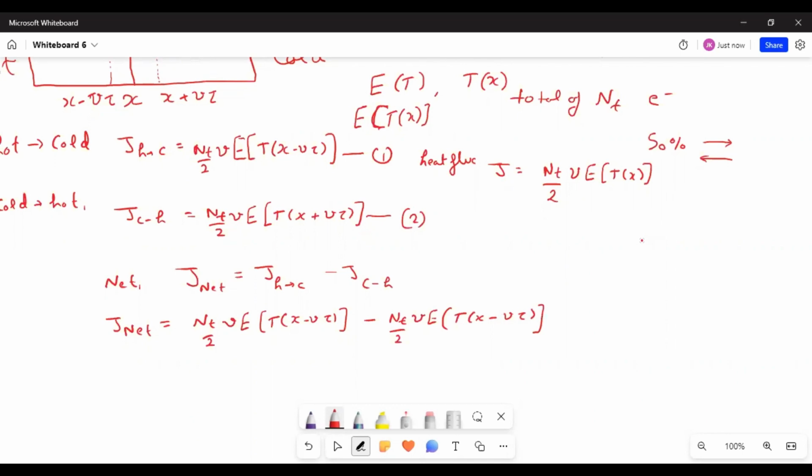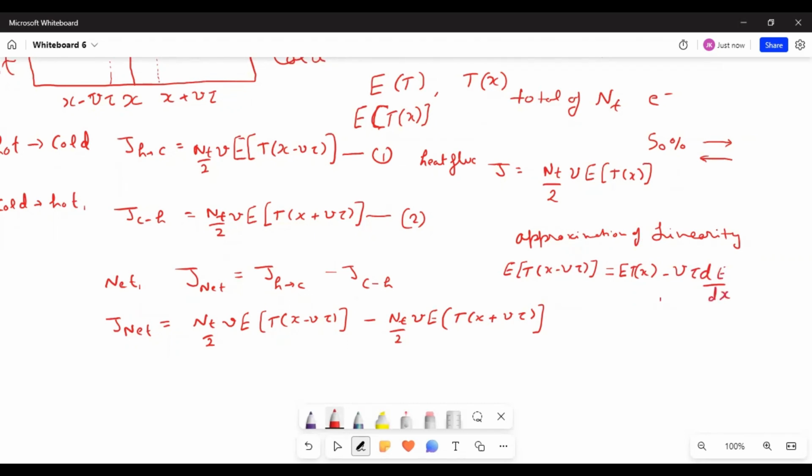Now, from the approximation of linearity, E at x minus v tau, we can write as E at x minus v tau dE by dx.